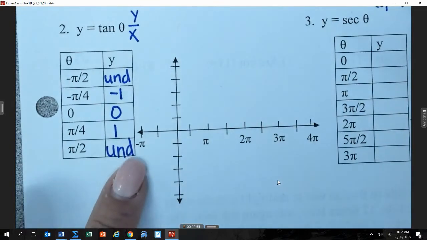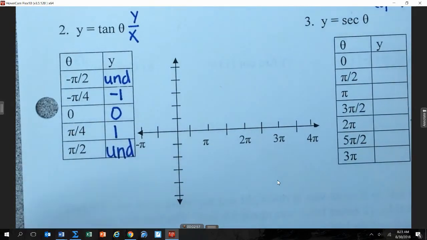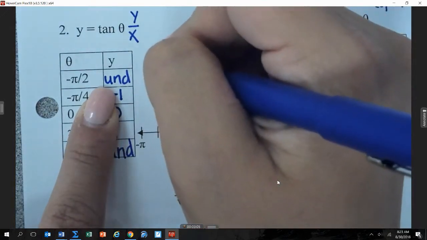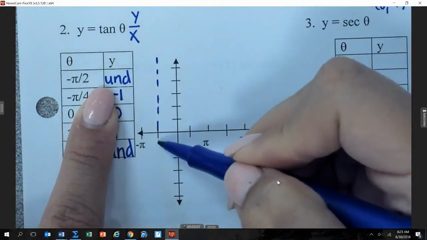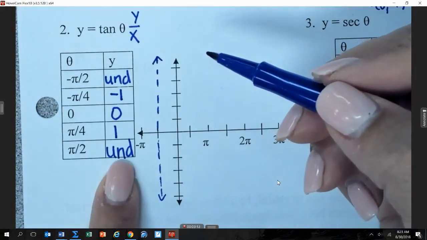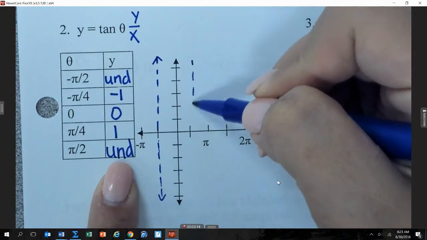What should I graph where it has a y output of undefined? What do you see on your graph? Yeah, go ahead. It will be an asymptote. Great. So I'm going to draw an asymptote at negative pi over 2. I'm also going to draw an asymptote at positive pi over 2.